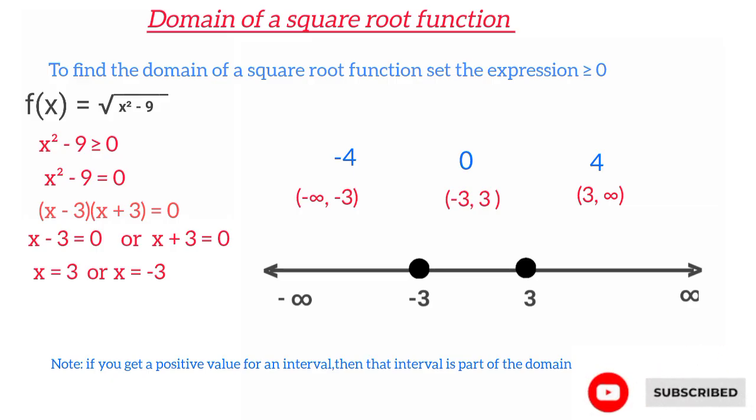Note, any value you are using as your test value must lie within these intervals. As you can see here, minus 4 lies within the interval negative infinity to negative 3, and 0 lies within the interval of minus 3 to 3.